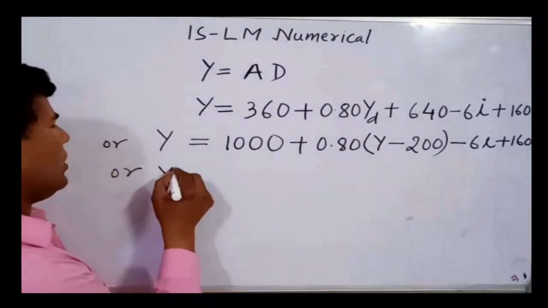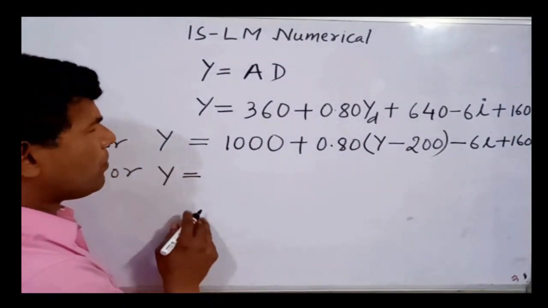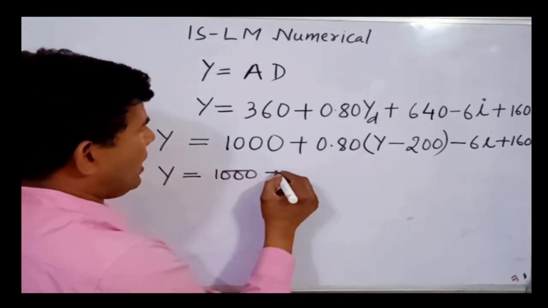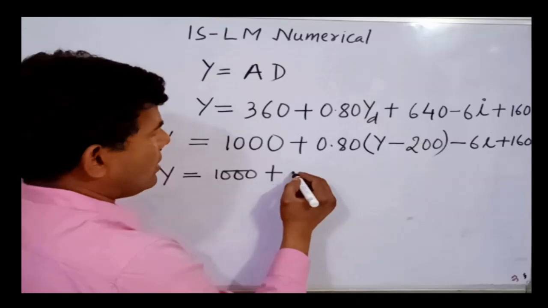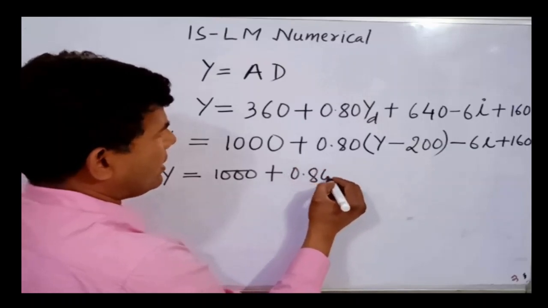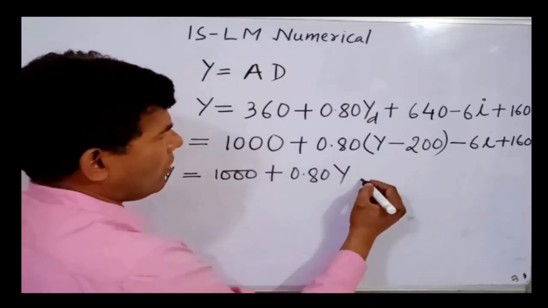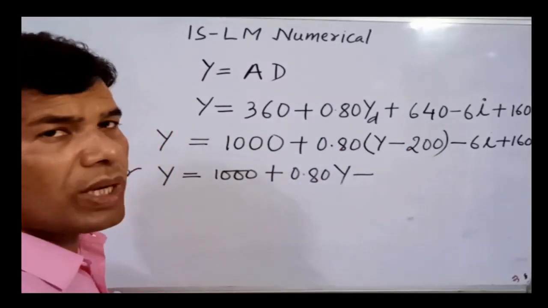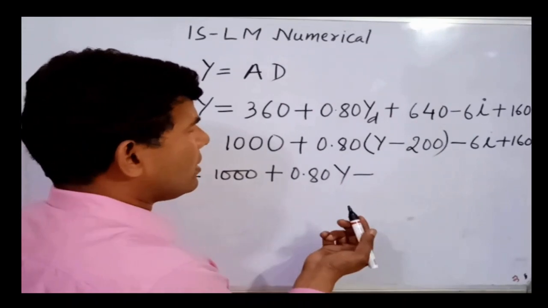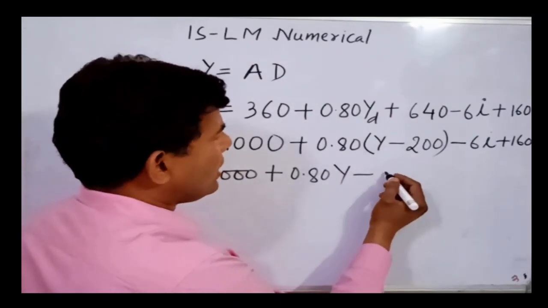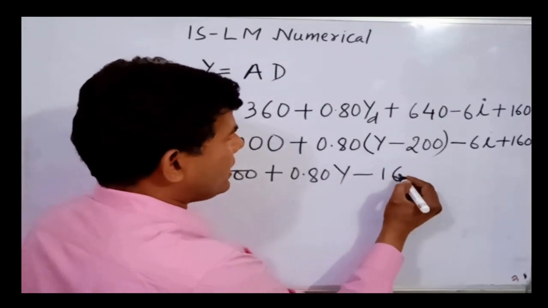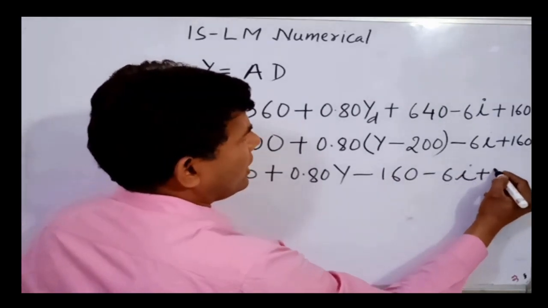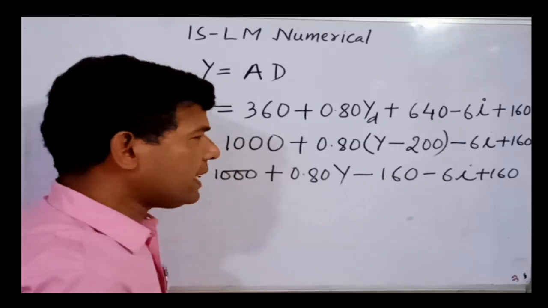You can write Y is equal to 1000 plus 0.80Y minus 0.8 multiplied by 200. 0.8 multiplied by 200 will give you 160, minus 6I plus 160, right?